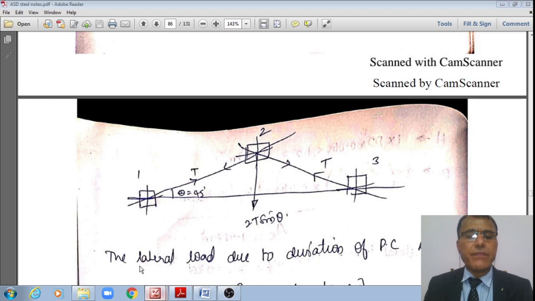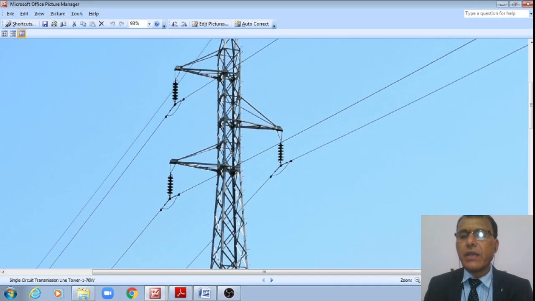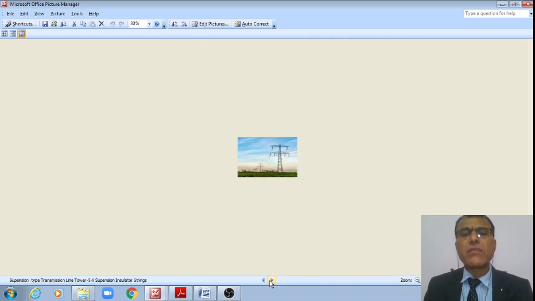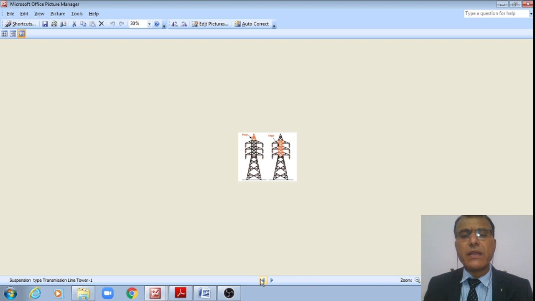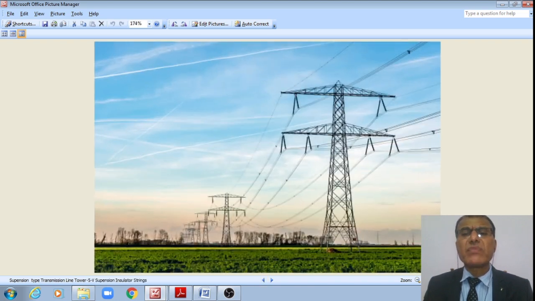Let me go back to this figure, students. Now you can see this is the deviation. It should go in the same direction, but if it is continued, what is the deviation? 1.5 degree.